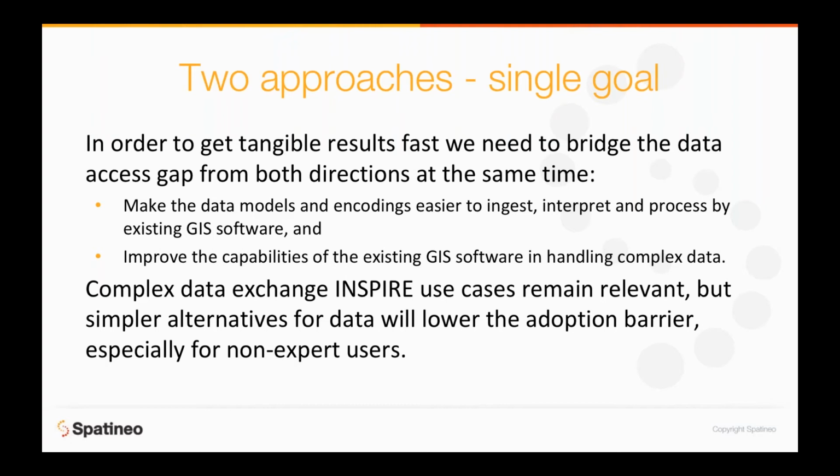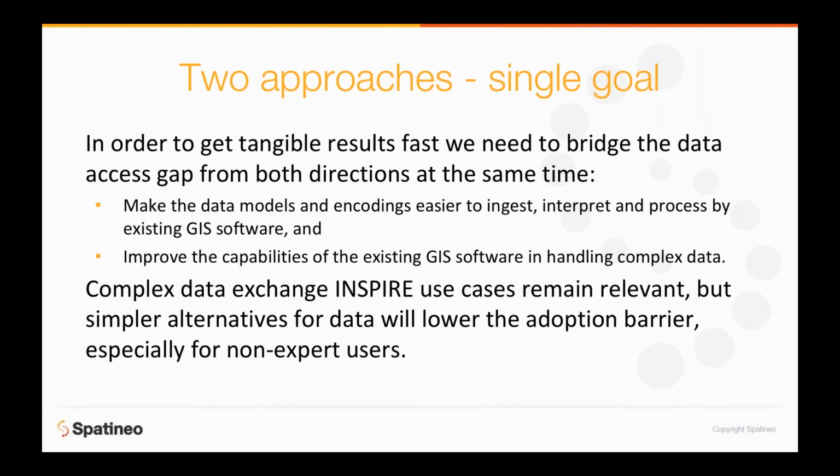And this does not mean that the complex data exchange, the complex full-flavored INSPIRE data models, are to be replaced by something else completely, because there are still use cases for that kind of more detailed data that is provided by the full complex data structures that have been described in the current INSPIRE data specifications and the schemas.